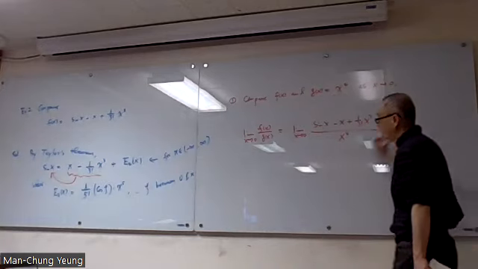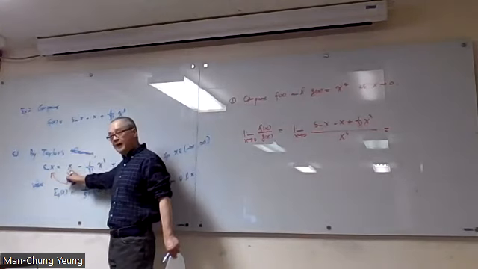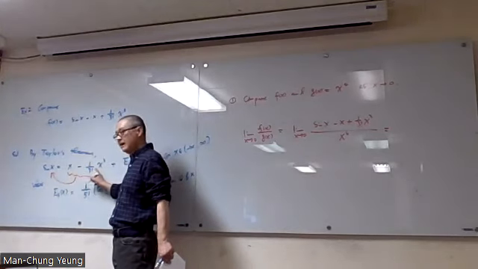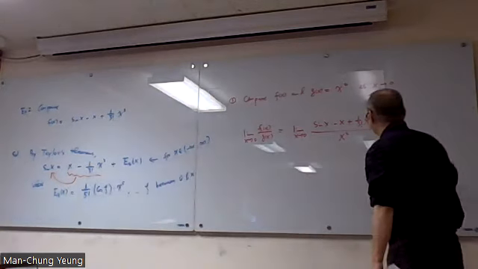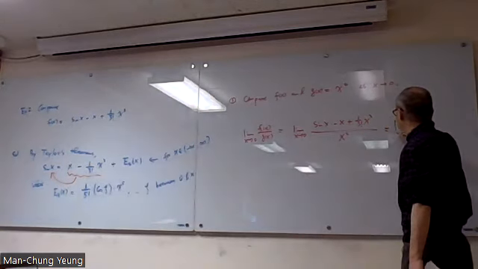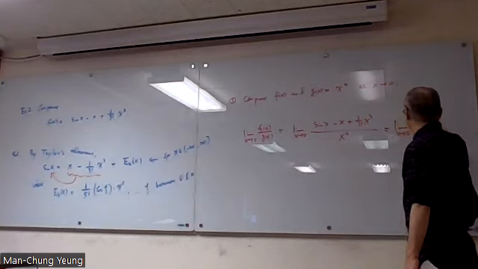Okay, now use this equation. Move x to the left side. This term to left side. It turns out that function f is equal to e^(4x) over x.